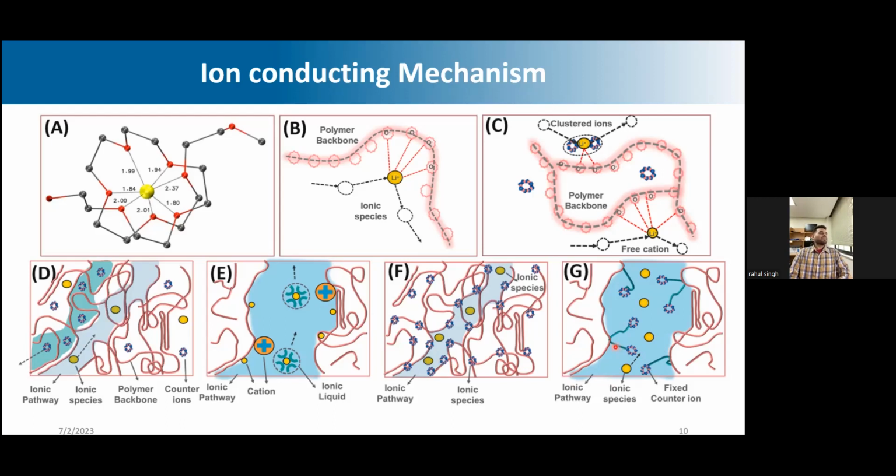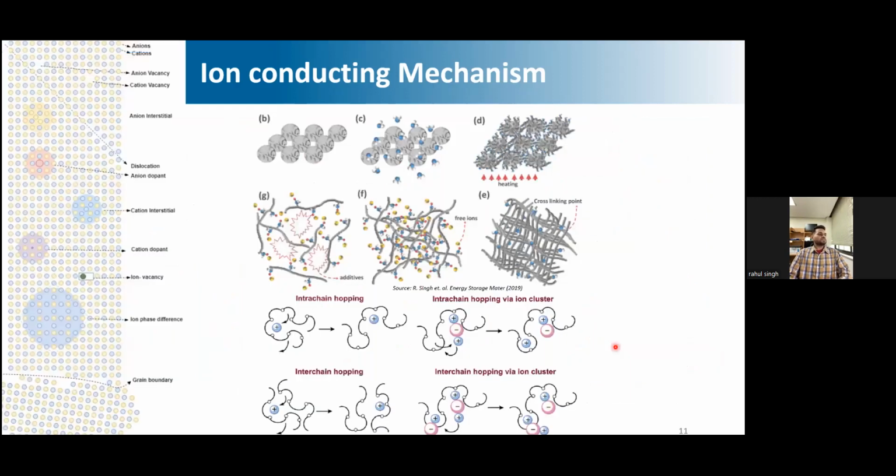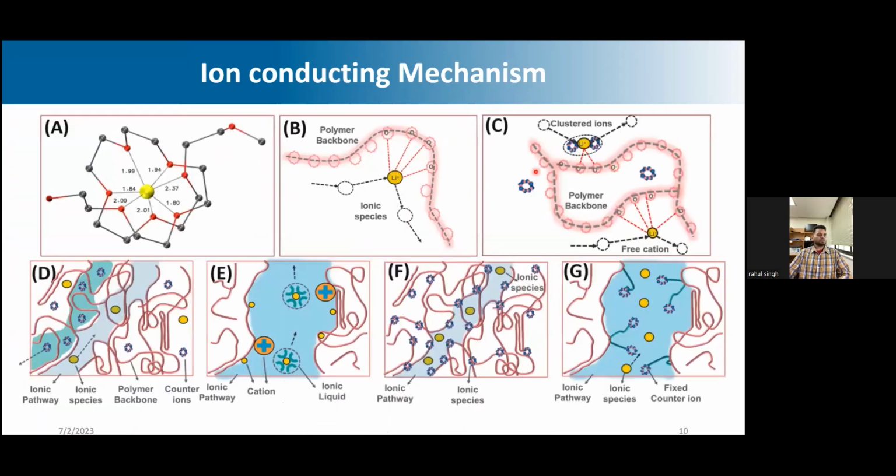In the next slide, this is another paper which talks about a similar thing, but it's a cross-link system. We take polymer and cross-link their networks, making a path between them by incorporating bulk material inside, and then through interchain hopping or interchain via cluster hopping, the ions move.